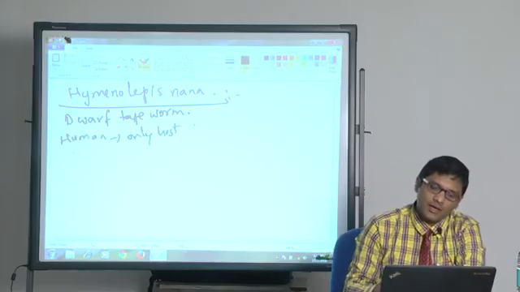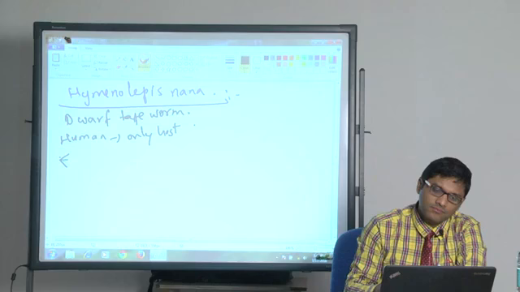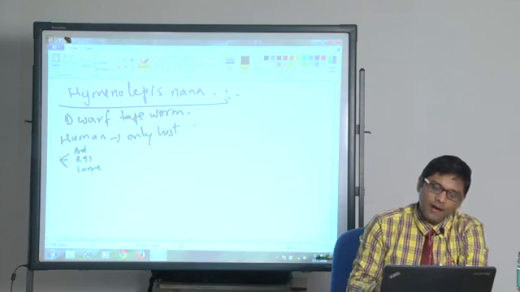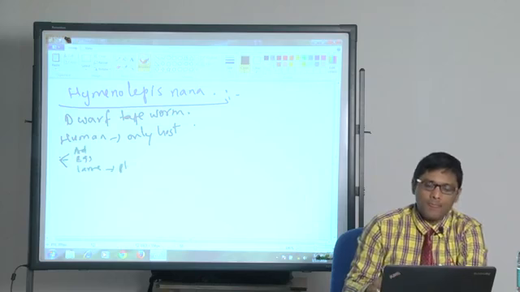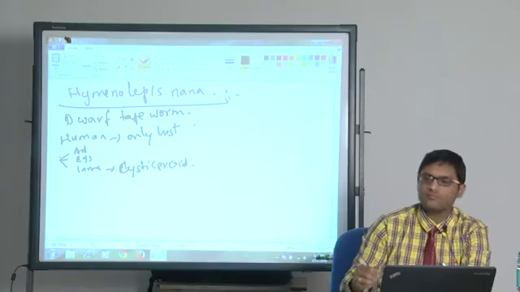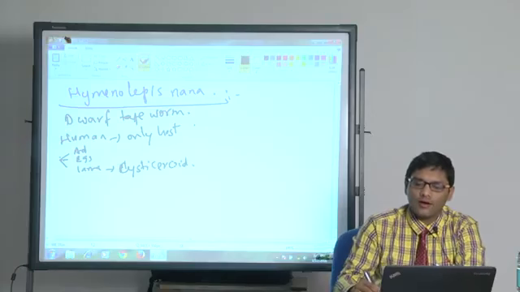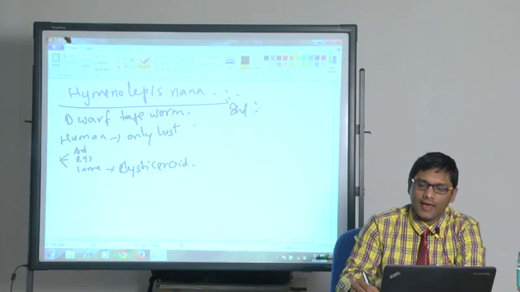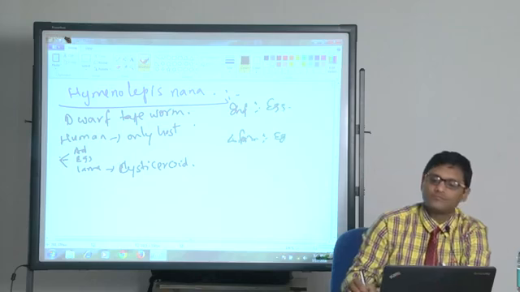It exists in 3 forms, of course adult, egg and larva. The larva is called cysticercoid. Here the infective form is the egg, and the diagnostic form is also the egg.